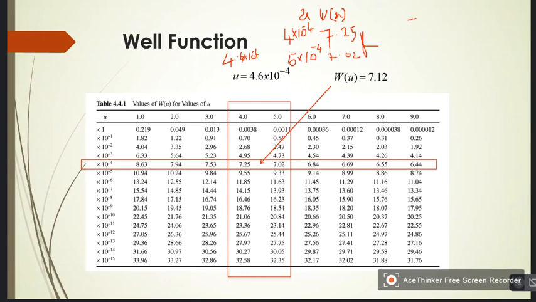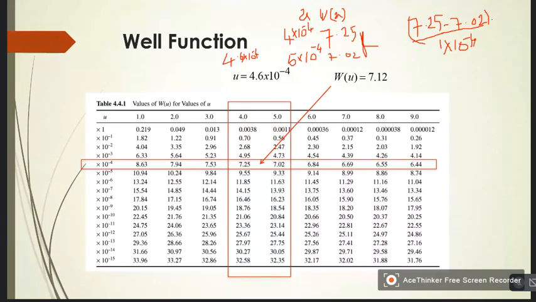So it will be 7.25 minus 7.02, this is for 1 into 10 to the power of minus 4 difference. So our value will be for 4.6.